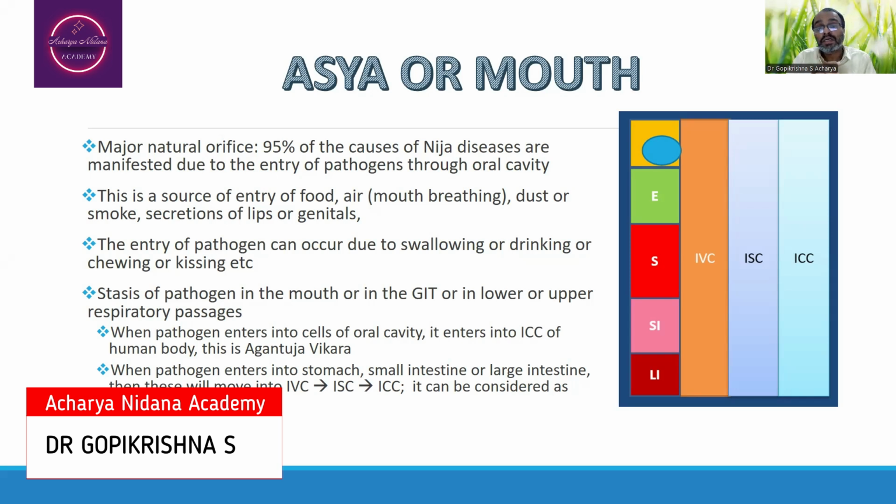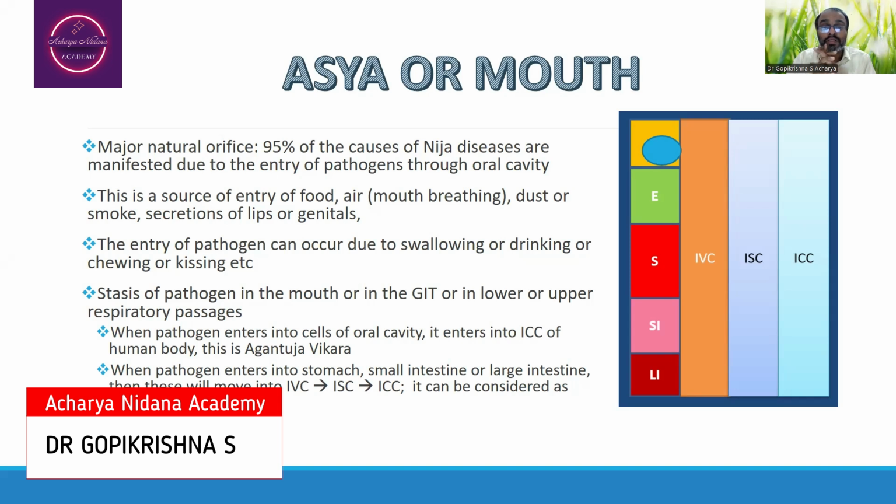When these pathogens enter the stomach, later the small intestine or the large intestine, where there is a disturbance in the conversion of macromolecules into micromolecules, there we are going to expect the affliction of dosha vishesha. Here there is a possibility of Nija Vikara.